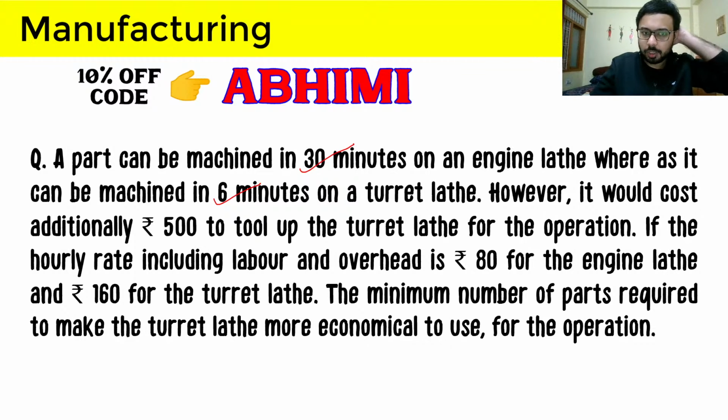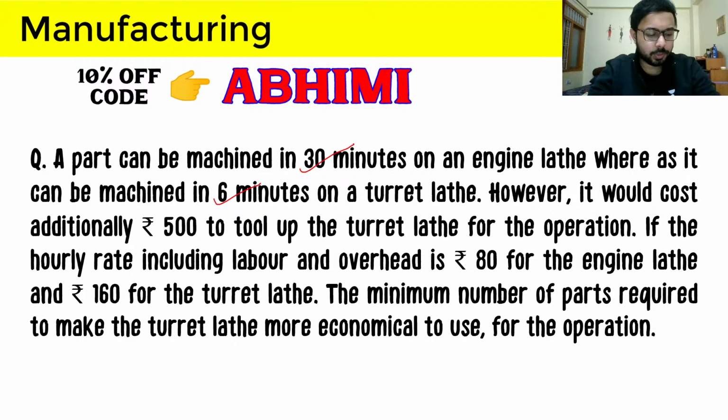turret lathe. So since the turret lathe is taking less time to machine, but you first have to pay an additional 500 just to run it, and then the hourly rate is also greater, 160. So it is asking for the minimum number of parts required to make the turret lathe more economical to use for the operation, because in the long run you will find the turret lathe is economical.